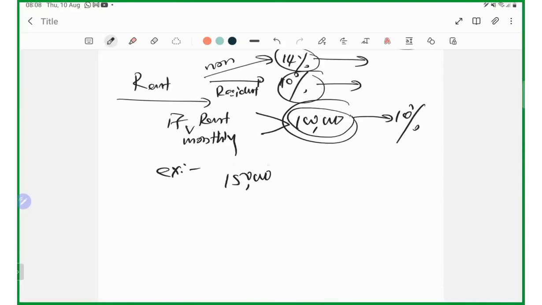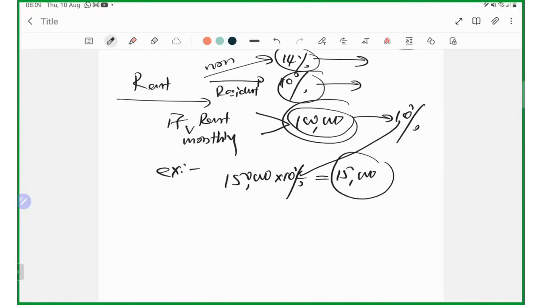But if the rent income exceeds 100,000 per month, that 10% needs to apply to the total income, not the amount that exceeds. That means in this case, not 10% on 50,000. It should be charged on 150,000, and then you get 15,000.